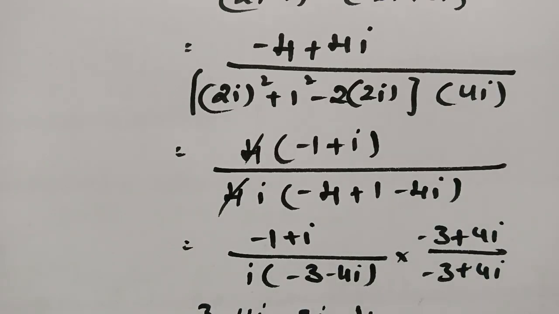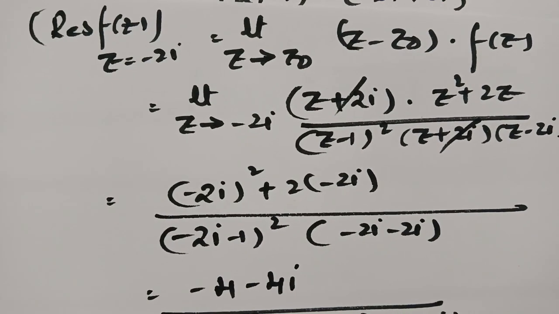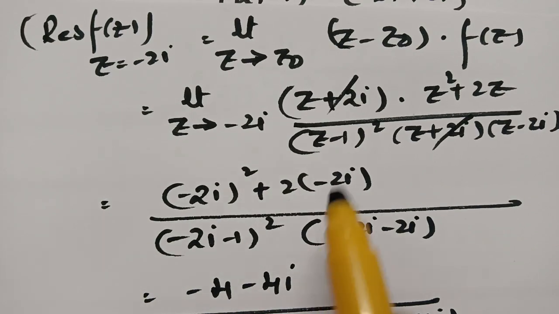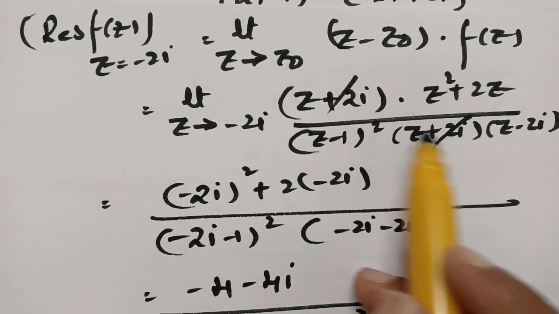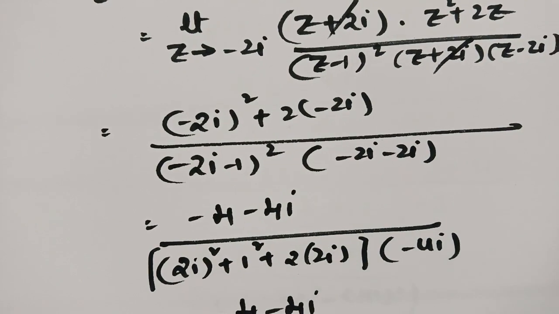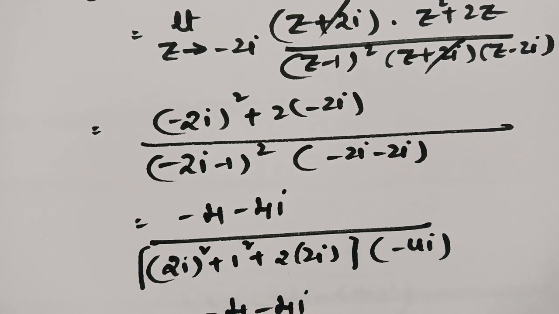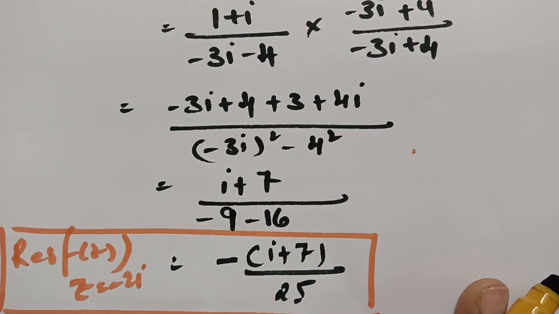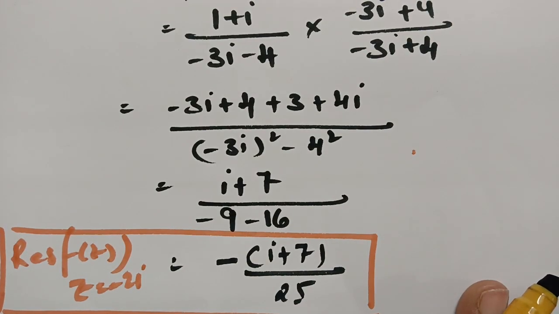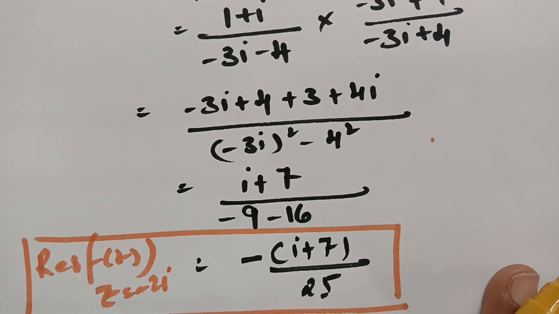And the next one here is for the residue value z is equal to minus 2i. Again I have to cancel z plus 2i from the numerator as well as denominator and substitute z value as minus 2i, and after calculating we got the residue value for z is equal to minus 2i as i plus 7 by 25.